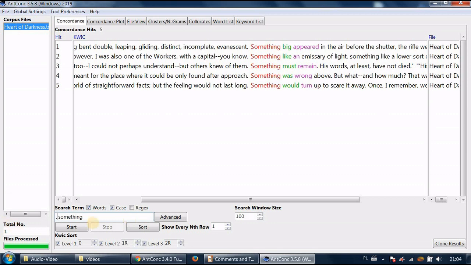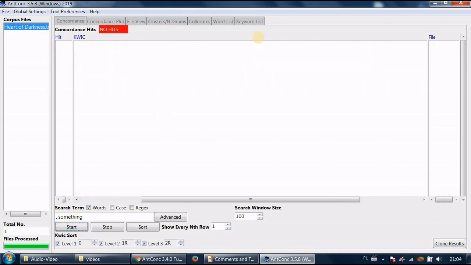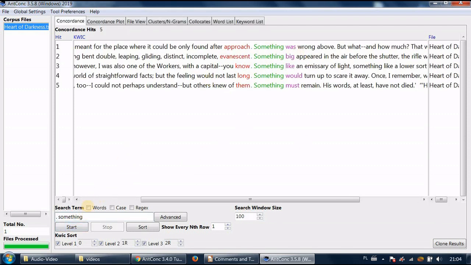So write full stop, and this could be off. But if something is preceded by a full stop, this will also produce the same. Okay, if you turn off the words, then it will also find such examples.